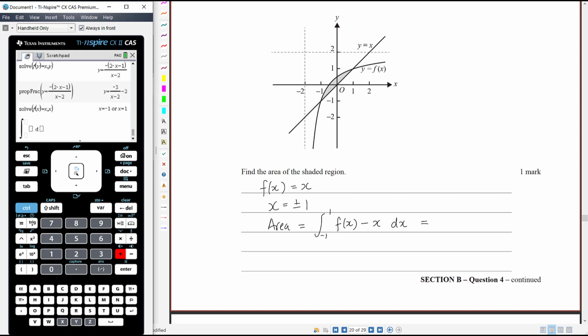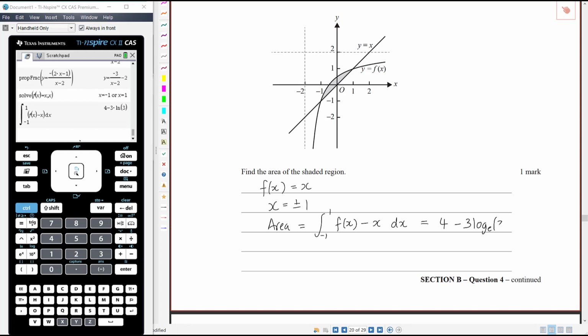So shift plus, integrating from -1 to 1, f of x minus x with respect to x. Okay, so that is 4 minus 3 times log e of 3, and it's an area, so square units.